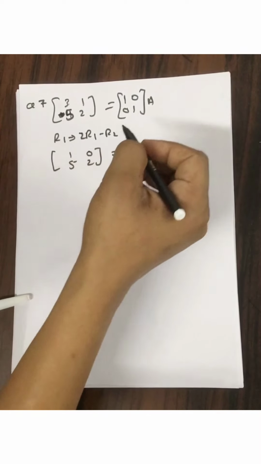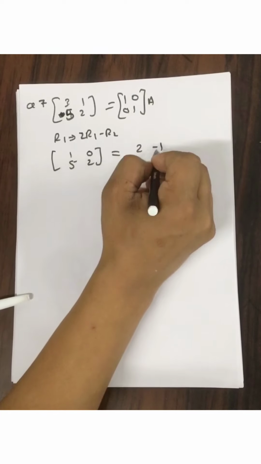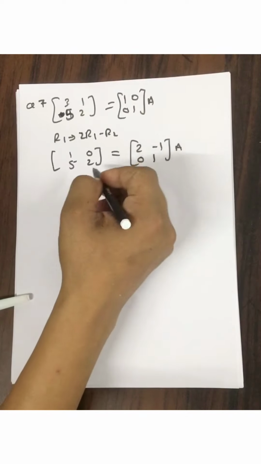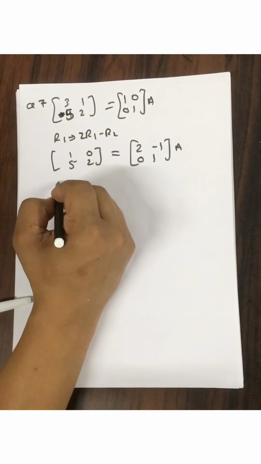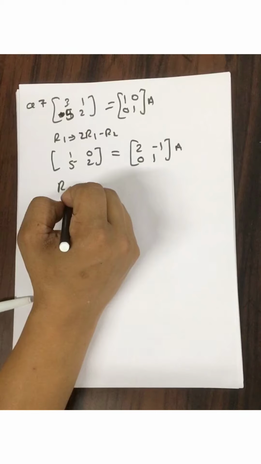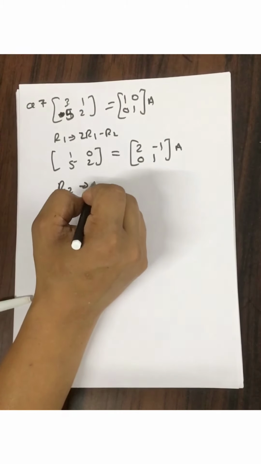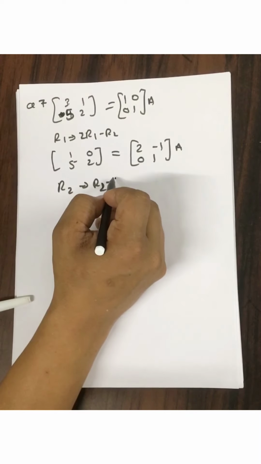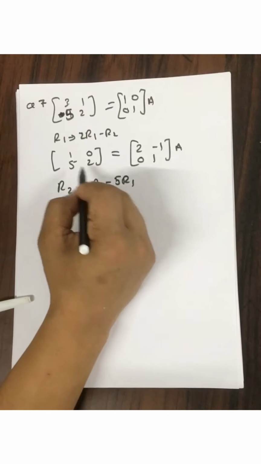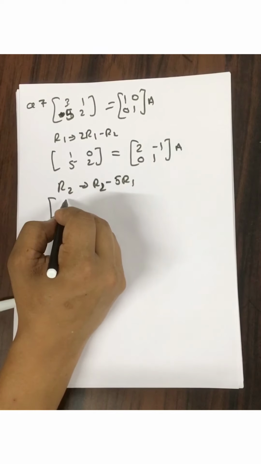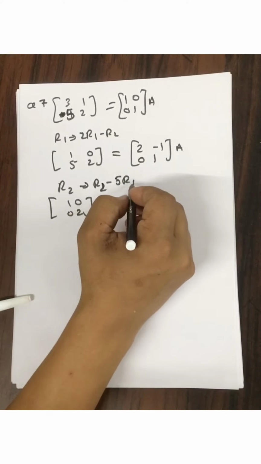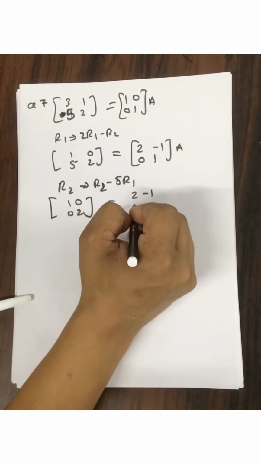Got it? 2 minus 1, 0, 1. Okay. Next, to clear this 5, in R2 we do R2 minus 5 R1. Yes, so we'll subtract. What we'll get? We'll get 1, 0, 0, 2 equals 2, minus 1, minus 10 and 6.